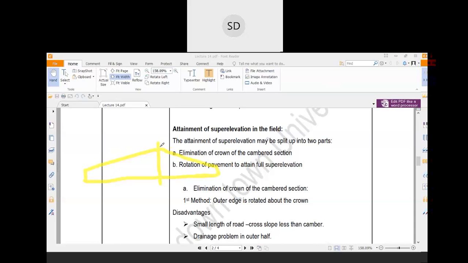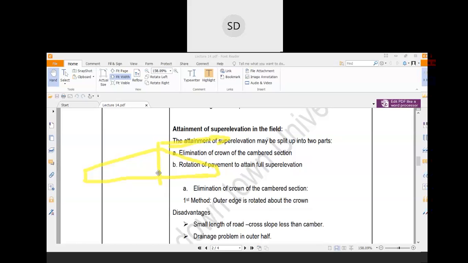Elimination of the crown means you are removing that crown, or shifting it in the other direction. By that, you can increase the height of the pavement at the outward edge.